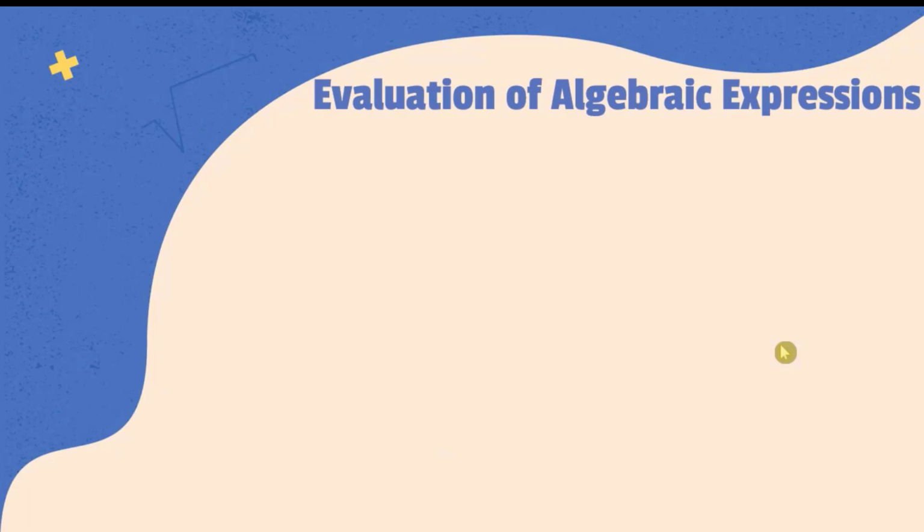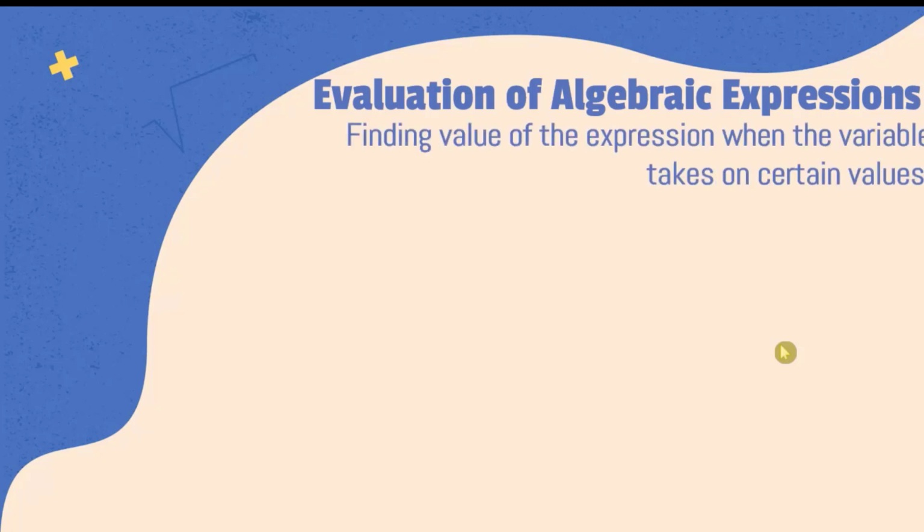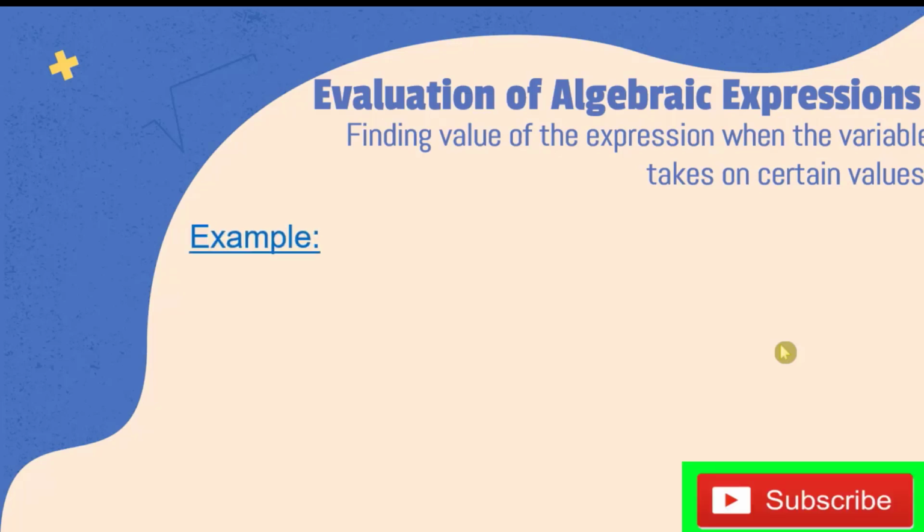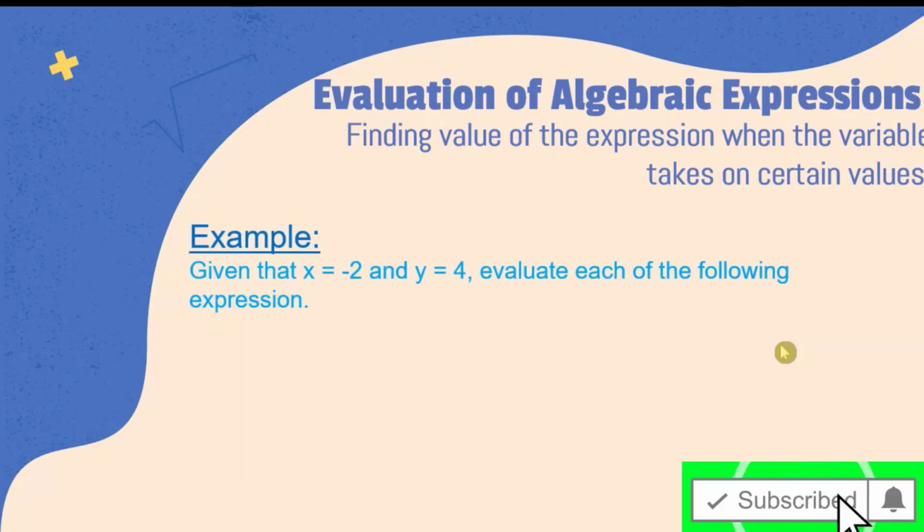Evaluation of algebraic expressions. Students, evaluation means to find out the value of something. And evaluation of algebraic expression means finding the value of the expression when the variable takes on certain values. Let's understand this concept with the help of an example. Look at this question.